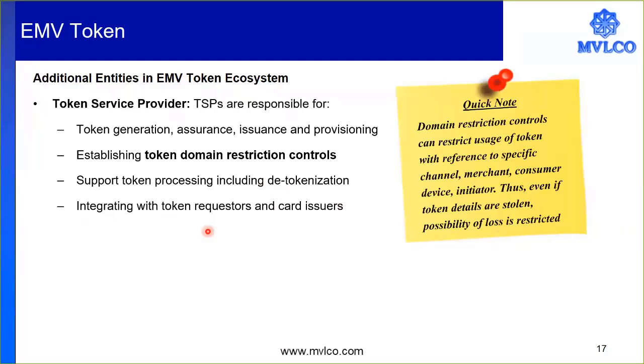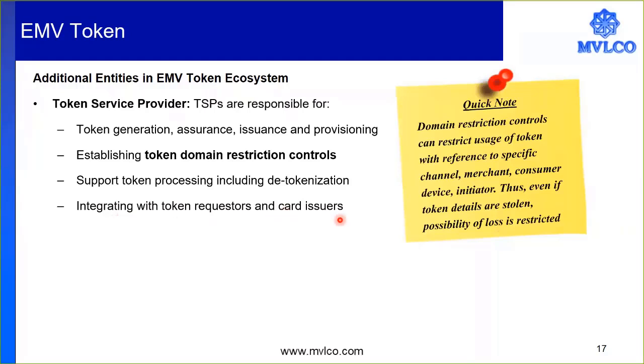And we are going to talk about it next, somebody called as token requester. On one hand, he would be requesting tokens. The token service provider would be interacting with card issuers, that is our regular issuers, and they would be bridging or communicating between the requesters and card issuers to get the tokens loaded on the card holder's device. So the last function of this token service provider is to integrate with token requesters and card issuers.